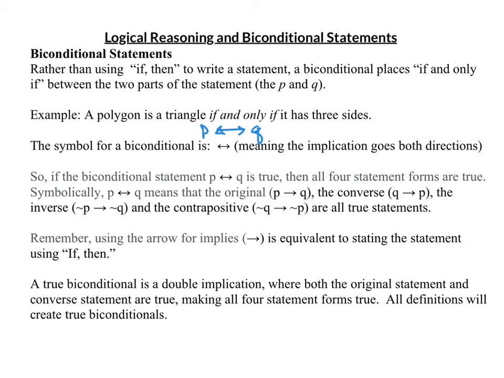So the original, P implies Q, the converse, Q implies P, the inverse, not P implies not Q, and the contrapositive, where you flip them and negate them, not Q implies not P. So if the biconditional is true, all 4 of them are true. A true biconditional is a double implication, and the original statement and the converse are true, which makes all four statement forms true.